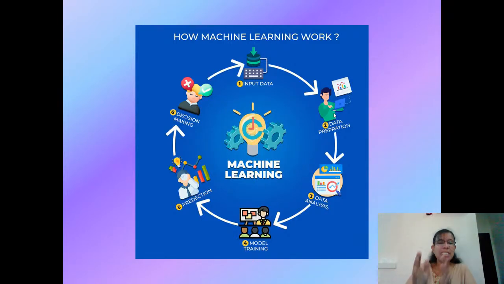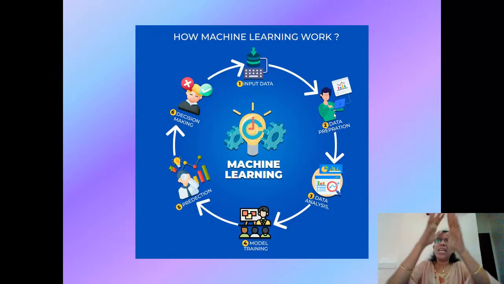So this is the next step. First we should get the training data, and then we should prepare the data. Data preparation is also called data pre-processing. Next we have to analyze the data. What do you mean by analysis? We have so much data, and some of it is irrelevant to our research.